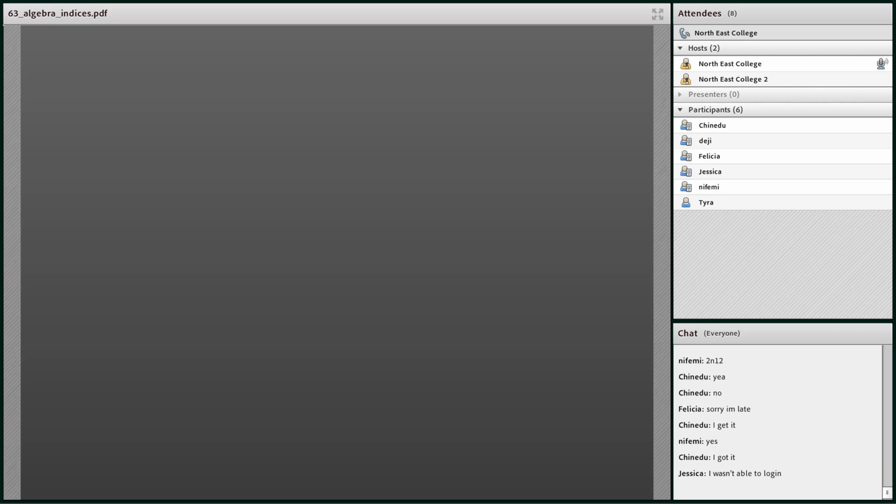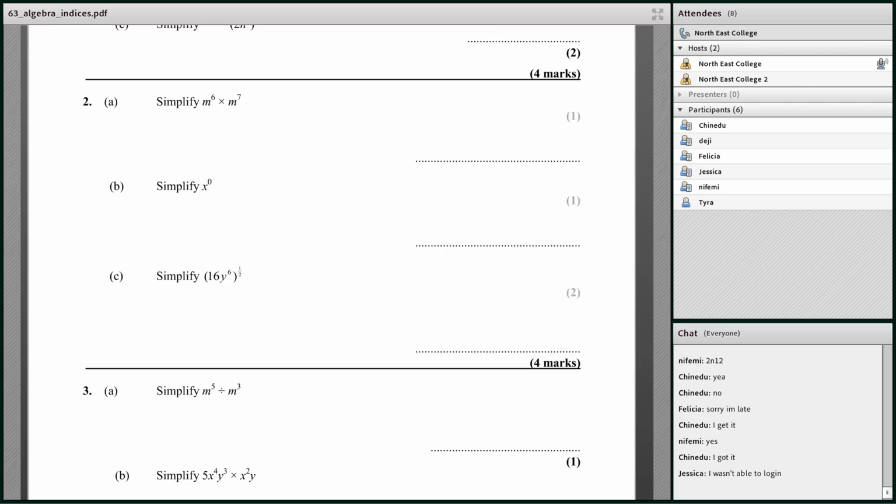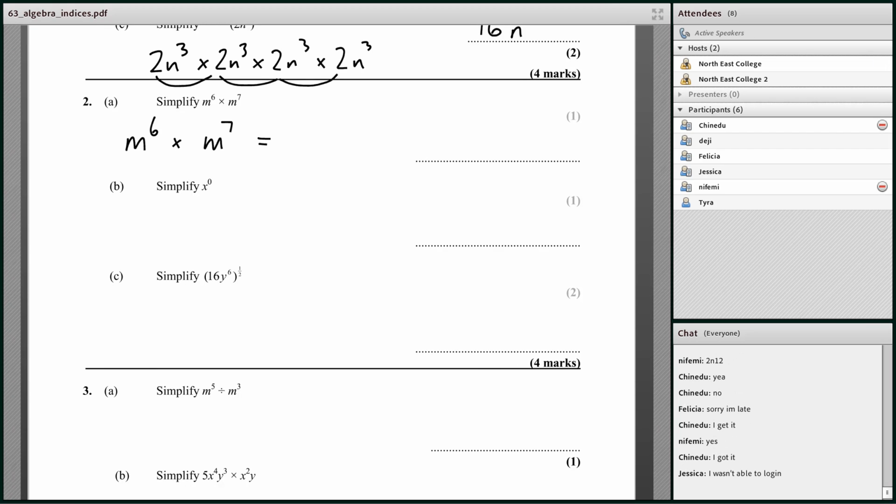Let me go back to the worksheet rather. Recently shared worksheet. Yeah, there you go. Is that okay?